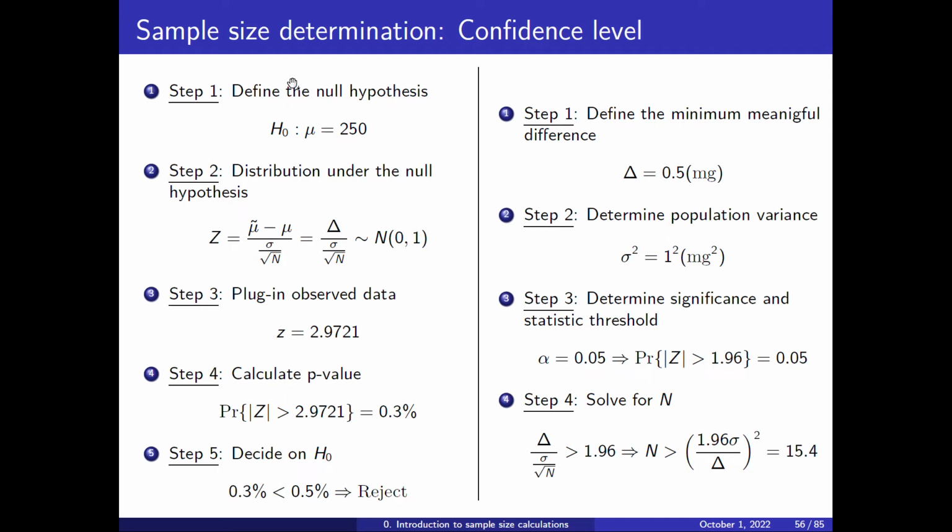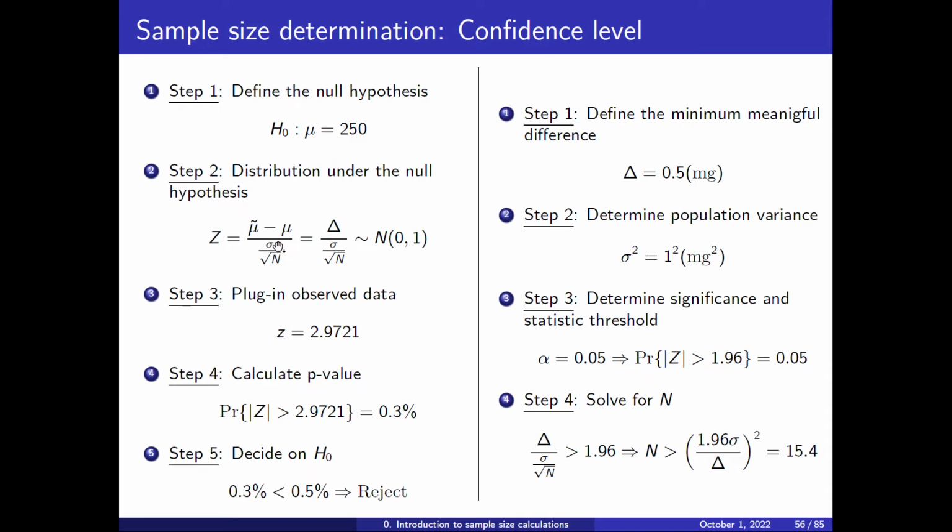So you will define a null hypothesis. If the null hypothesis is true, you know that this statistic is distributed as a normal 0,1. And here you have the difference between the observed mean minus the expected mean. So the expected mean is 250.